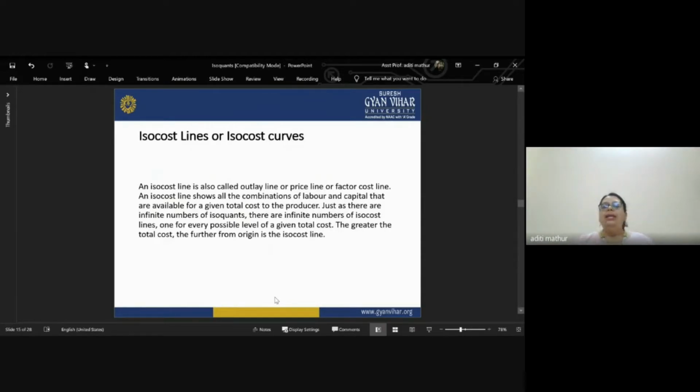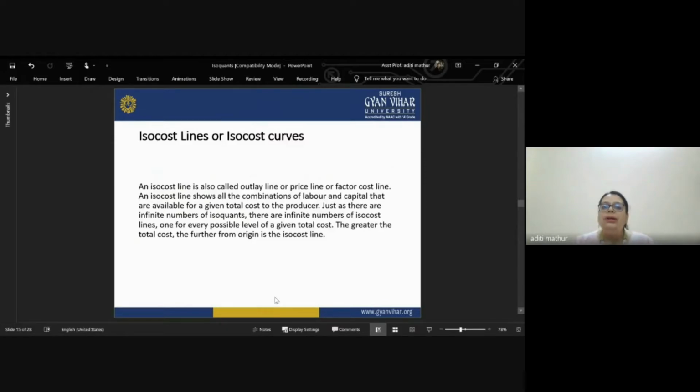Now let us understand a very important aspect related to isoquants, that is isocost lines, which are also known as isocost curves. As the term itself says, isocost, that means now we are looking into the matter of money, that means cost.